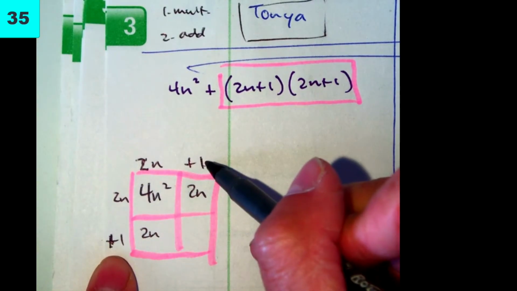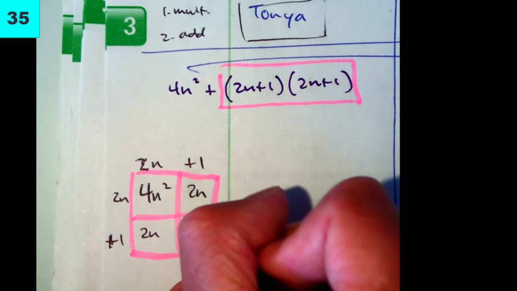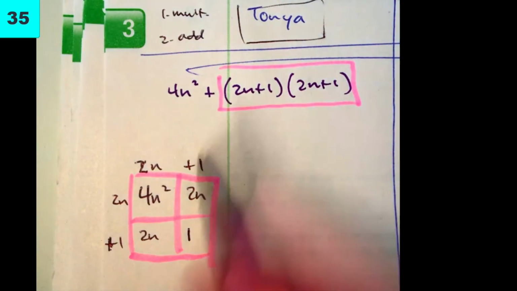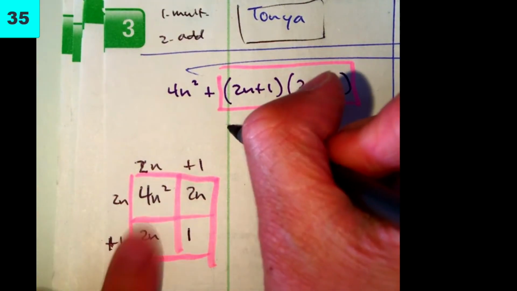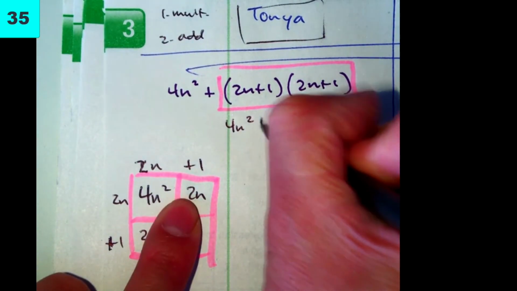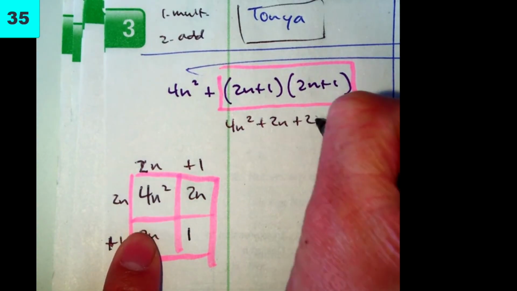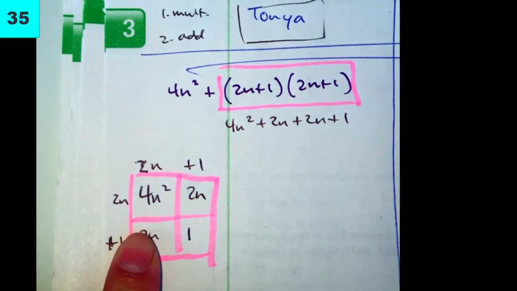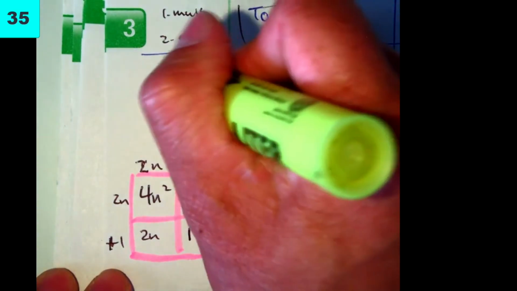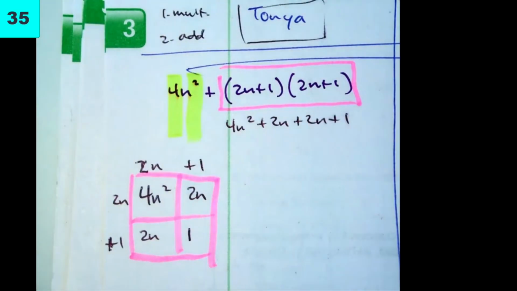And 1 times 1 is 1. In pink, I'm going to write what we have in the box: 4n squared plus 2n plus 2n plus 1. Here is a common mistake from last year's test and quiz. I'm going to put it in yellow. They forget to write that number below. It just falls down.